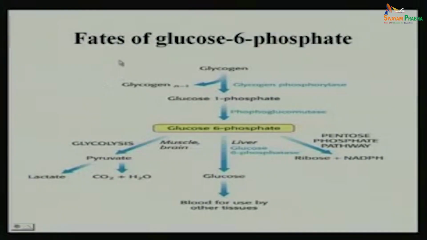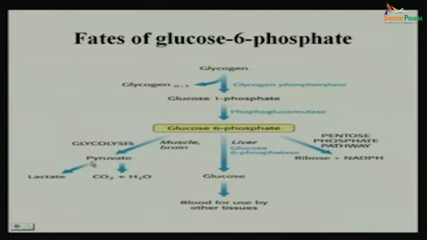Now, if we see the fate of glucose 6-phosphate, which is produced from glycogen, converted to glucose 1-phosphate, and glucose 1-phosphate is once again converted to glucose 6-phosphate, this glucose 6-phosphate undergoes different reactions. In the muscle cell or in the brain cell, through the glycolytic process, it is getting oxidized to pyruvate.